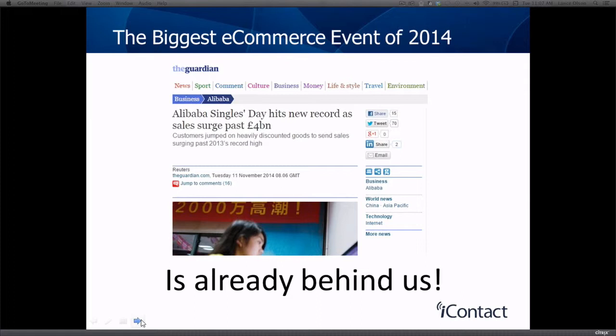Alibaba, which is the largest e-commerce player in the Chinese market, this morning when this article was published at 8 o'clock in the morning in the UK, so that is 3 o'clock in the morning Eastern time, had already seen sales surge past $4 billion.